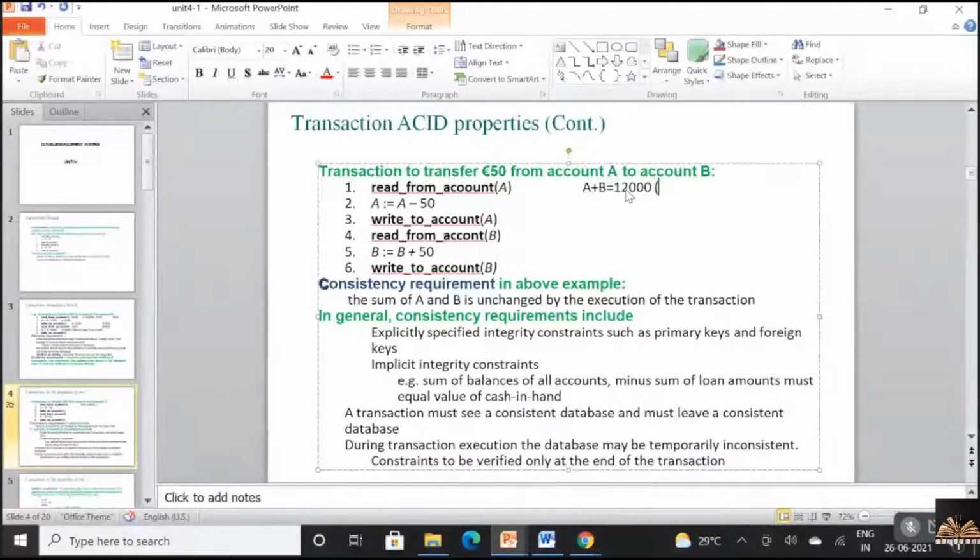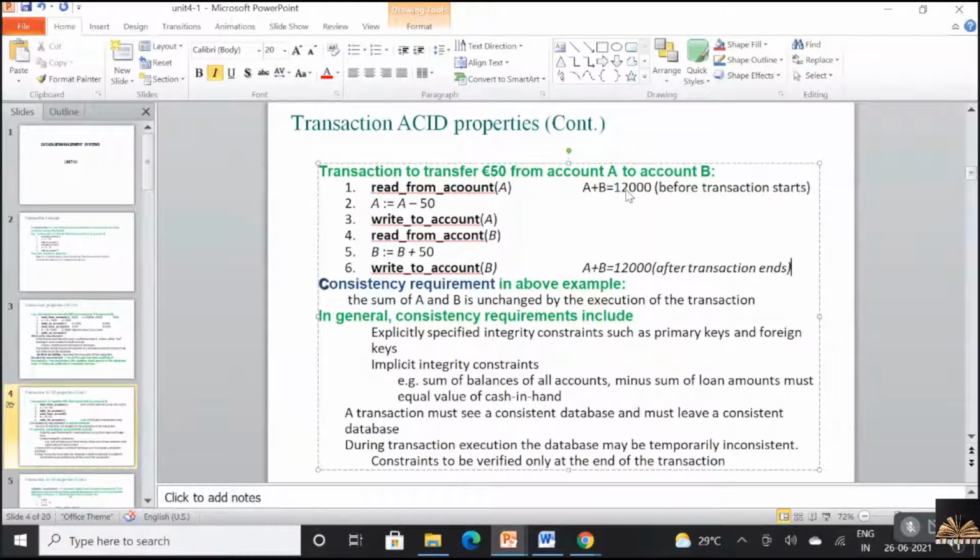So this was before the transaction starts. And after the end of the transaction, which is nothing but step 6, if again I have A plus B is equal to 12,000, after the transaction ends, then I say that the consistency requirement is satisfied.